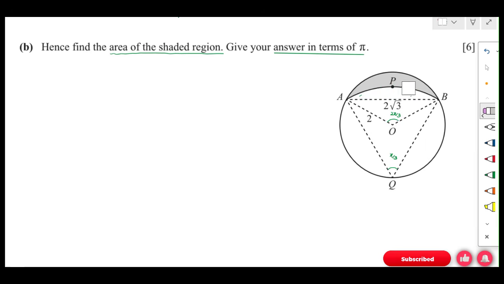Okay, now let me solve this. First thing, I would like to figure out the area of the sector OAB.